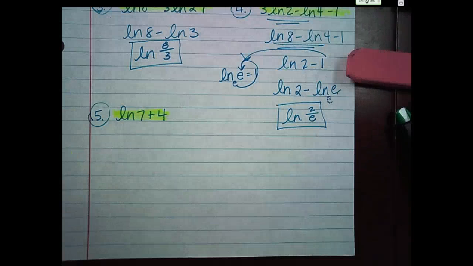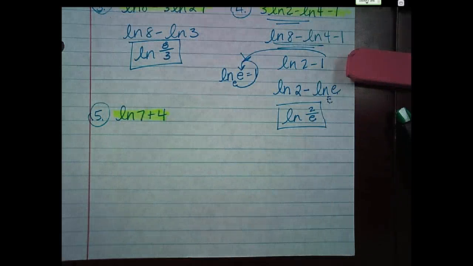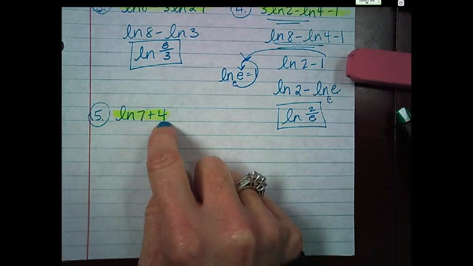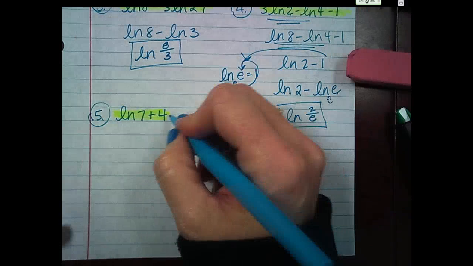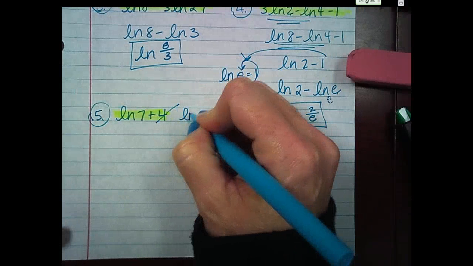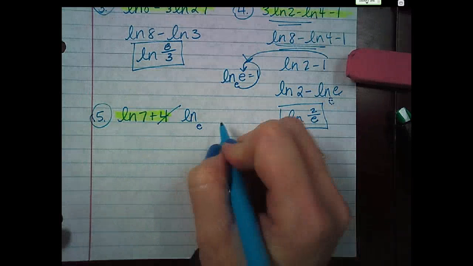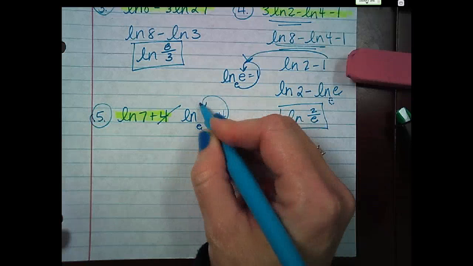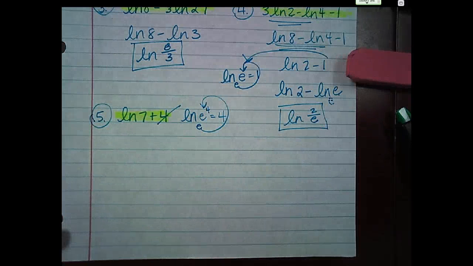Okay, so we have to rewrite 4. By now you might have already noticed, if the value is 4 and you're talking about a natural log, 4 is just the exponent. If I want to rewrite this, the natural log has a base of e, we just don't write it. What do I want that to equal? I want it to equal 4. So what needs to go here? E to the 4th, because those are going to cancel.